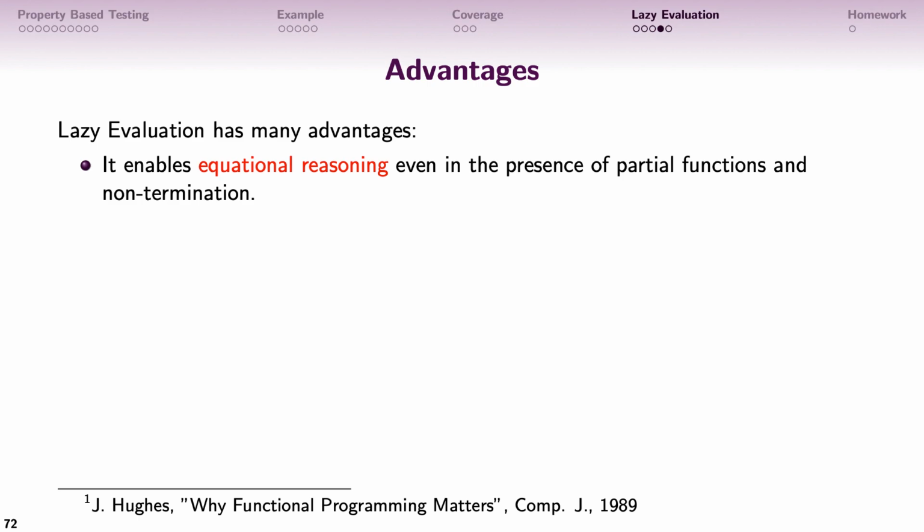So even if you have a function that could potentially crash or not terminate, with lazy evaluation, if that particular crashing or non-terminating code doesn't get executed, then it won't crash and it won't diverge. So we can equationally reason about code even when we have these kinds of nasties, which is quite useful.